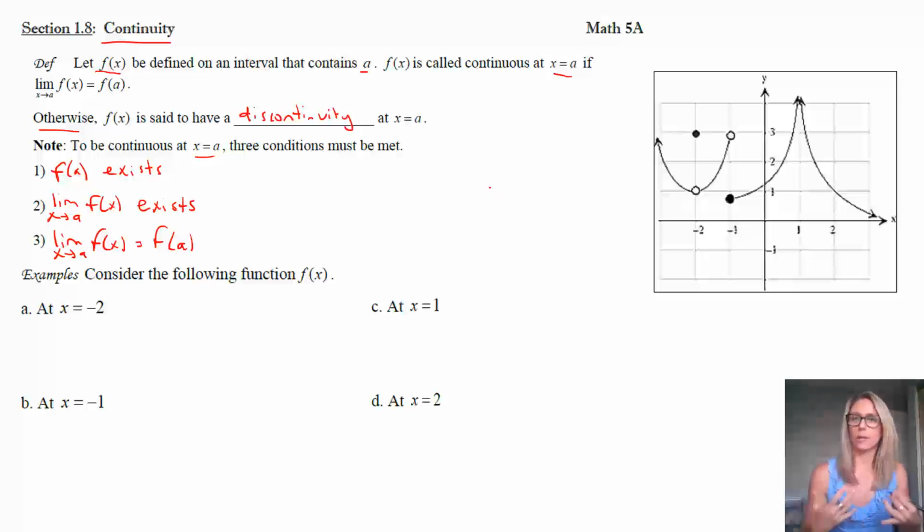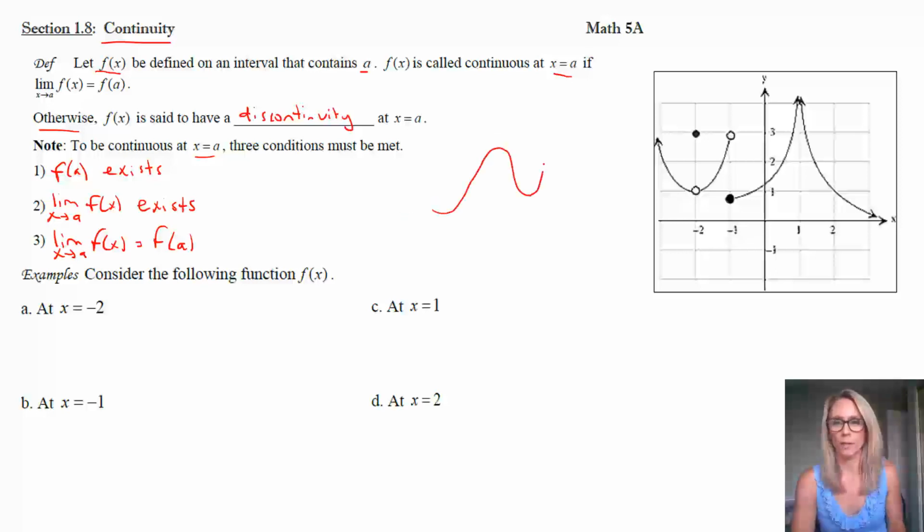And like I said, this is really like what you think it is. If you put your pencil on a point and you never lift it up, you're going to have continuity on some interval. But once you have to do something weird and that pencil comes up, then you're going to have the issue of a discontinuity.